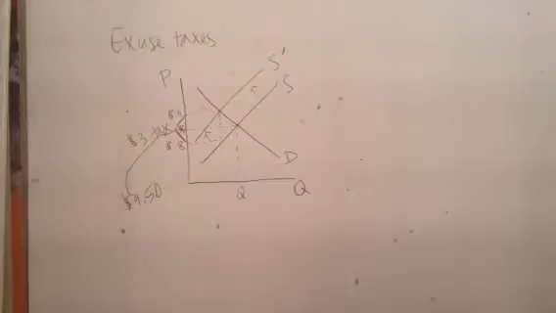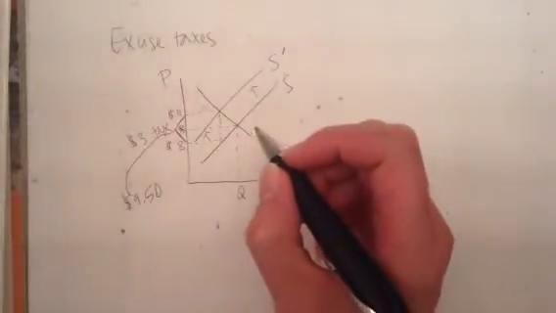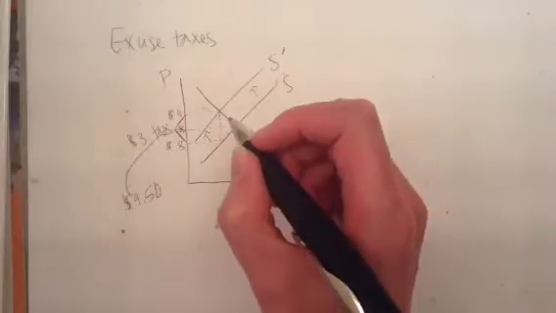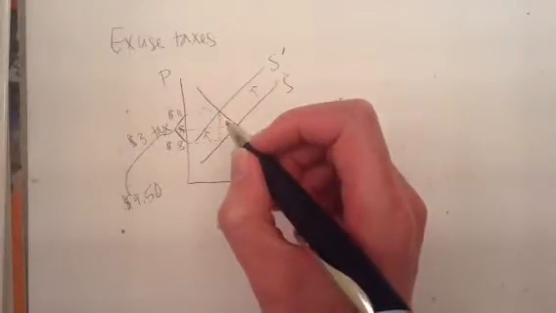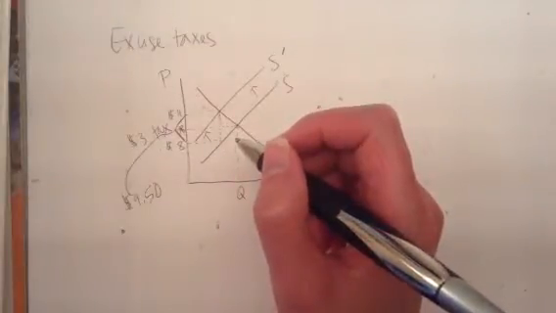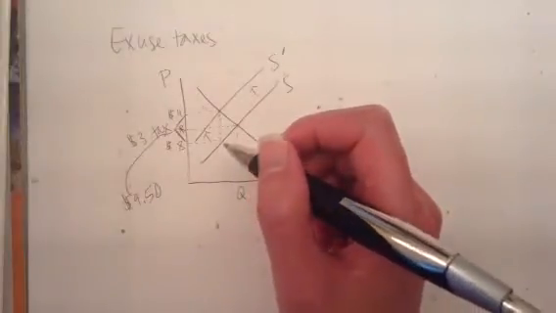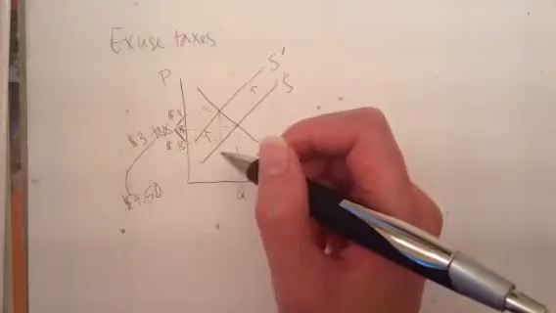The original price is $9.50, so that would mean that the tax incidence is pretty much evenly split between the producers and the consumers of cigarettes. In this case, because 11 minus 9.50 would be $1.50, and 9.50 minus 8 is $1.50.